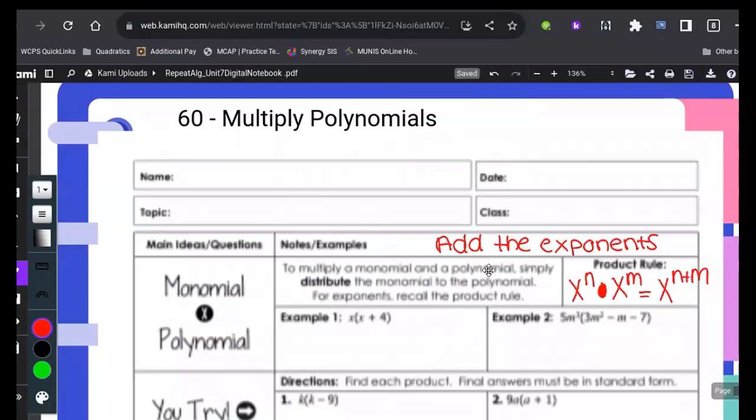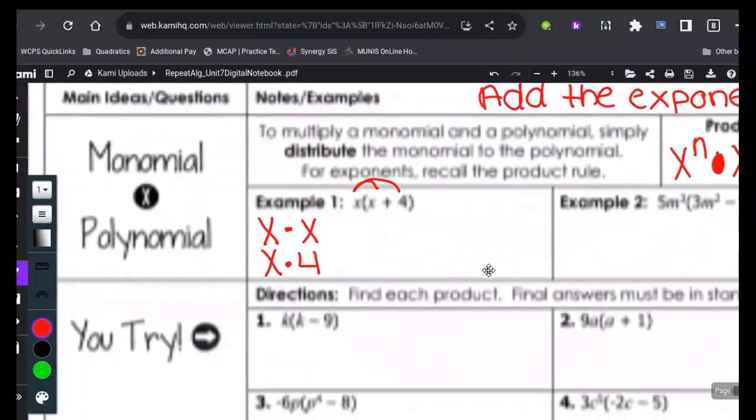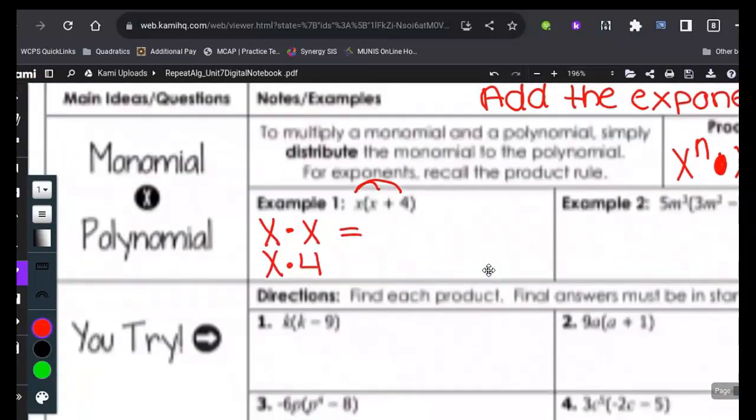So we're going to look at example 1. It says x times x plus 4. So we're going to use the distributive property. We're going to do x times x, and then we're going to do x times 4. So we're going to distribute the x to both of those terms. So x times x, we add their exponents.